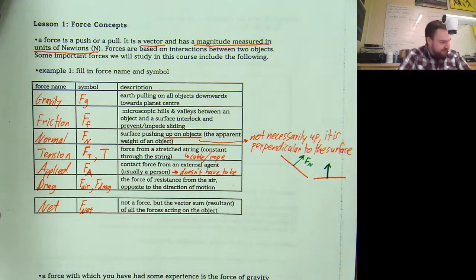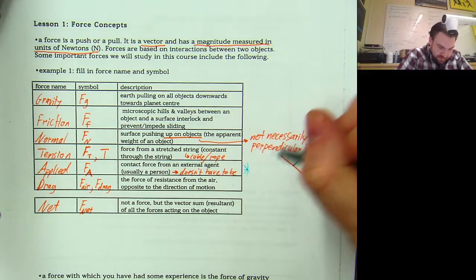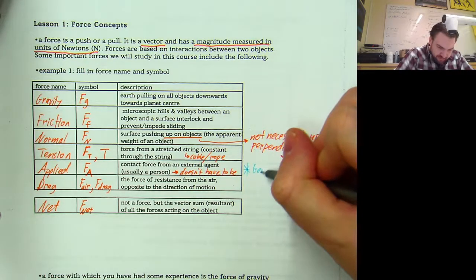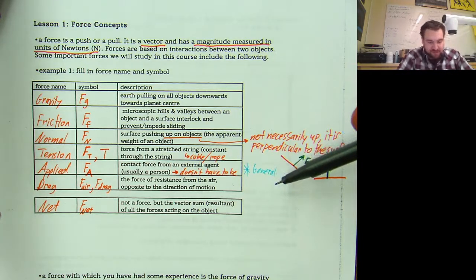A couple notes here. Applied force is a very general term. Anything can be an applied force if you don't necessarily know where it's coming from, or if it's coming from outside the object. Anything can be labeled as an applied force.